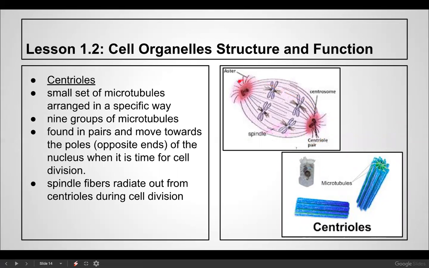And we'll talk about these in detail with cell division, where they're helping to move chromosomes to proper places. So anyway, a small set of microtubules arranged in a specific way, 9 groups of microtubules found in pairs and move towards the poles, the opposite ends of the nucleus, when it's time for cell division. Spindle fibers radiate out from the centrioles during cell division, and they help move chromosomes.